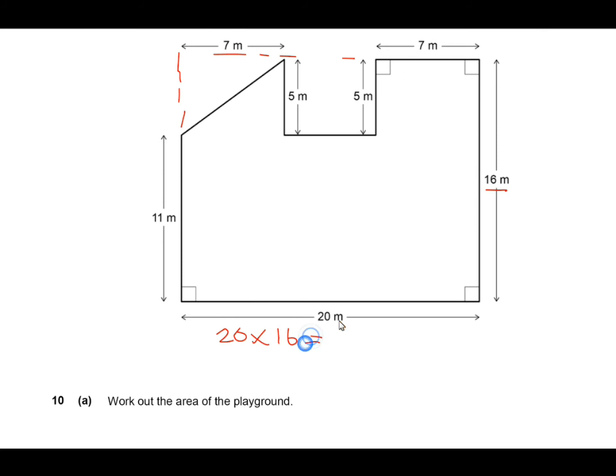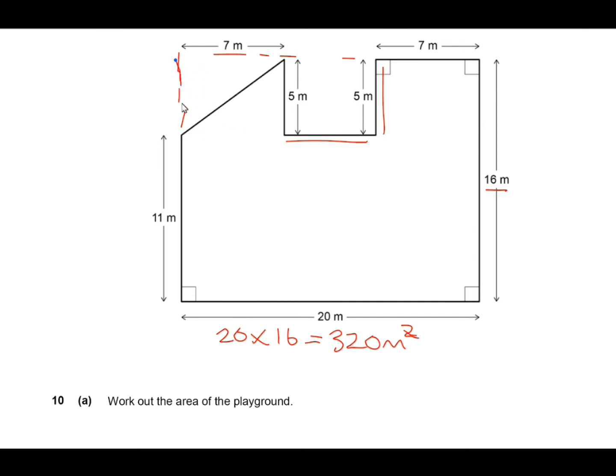And that would give us the complete rectangle. So that's 320 meters squared for the whole thing. Then we've got two sections that we need to work out the area. So we've got this by this, so we're going to take that away from our complete area.